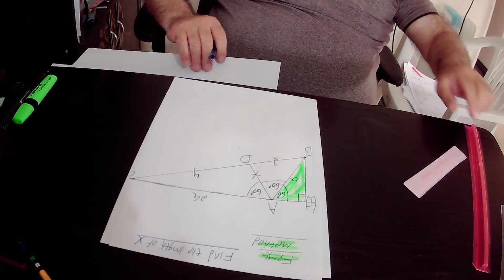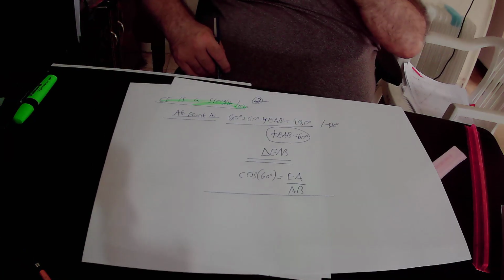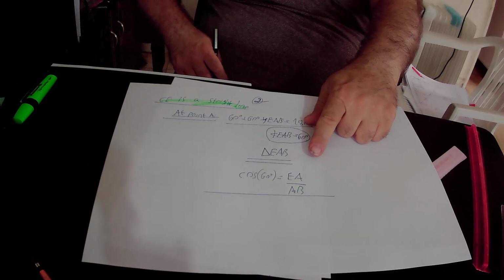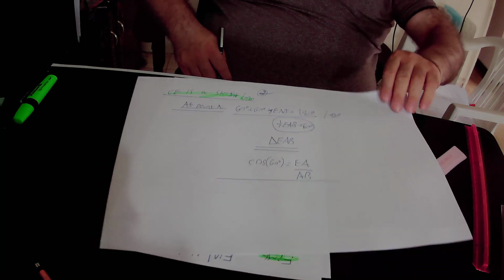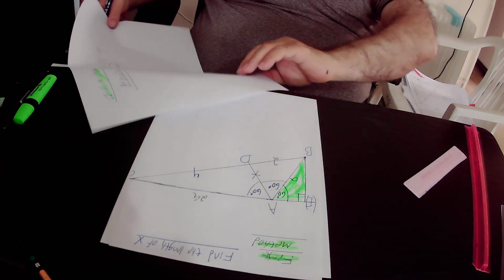I'll repeat again. In the right green triangle EAB, cosine 60 degrees equals EA over AB.